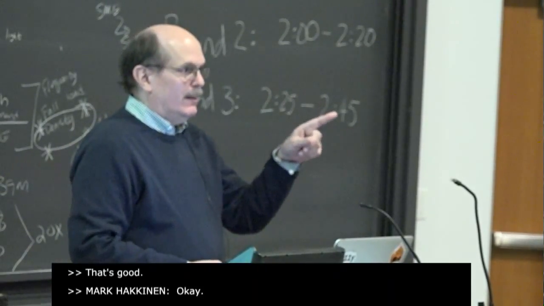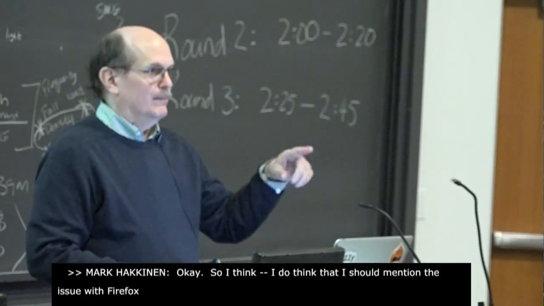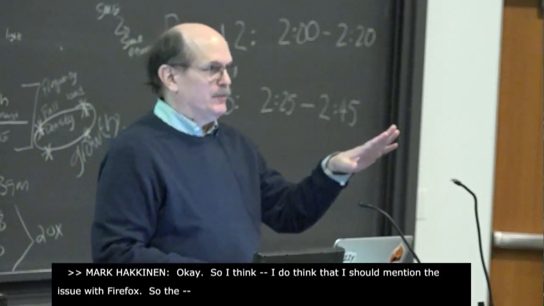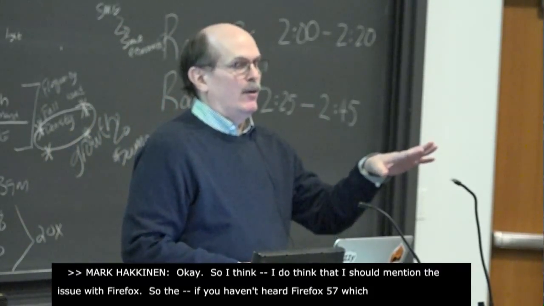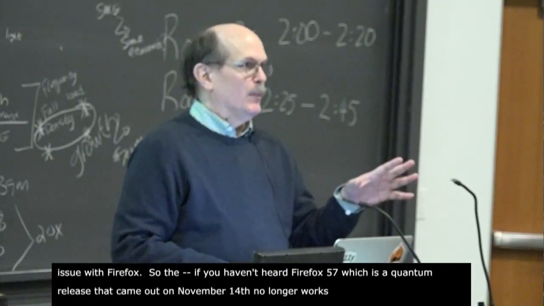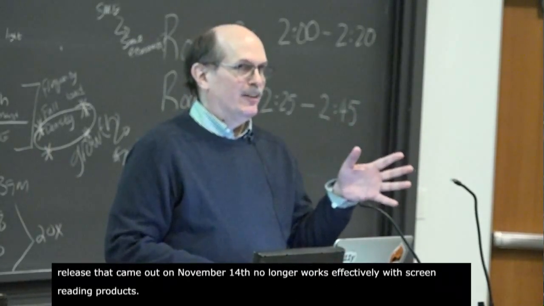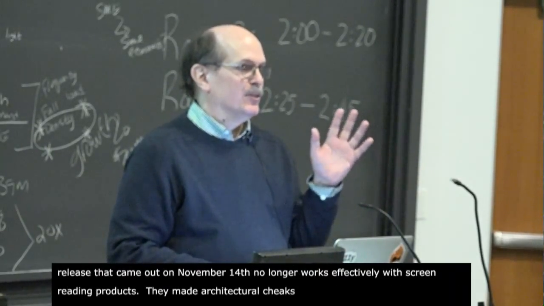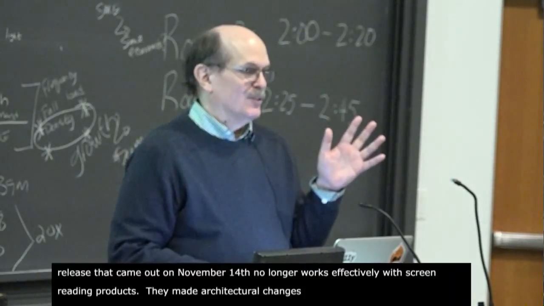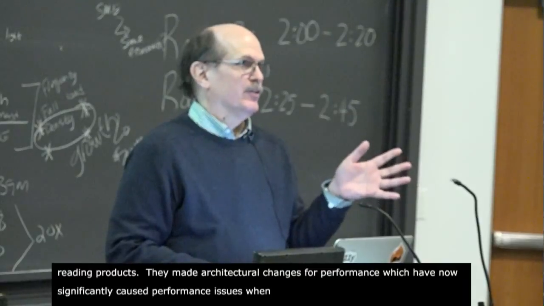I do think I should mention the issue with Firefox. So, if you haven't heard, Firefox 57, which is a Quantum release that came out on November 14th, no longer works effectively with screen reading products. They made architectural changes for performance, which have now significantly caused performance issues when assistive technologies query and build their accessibility tree.